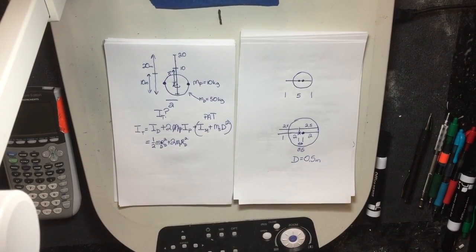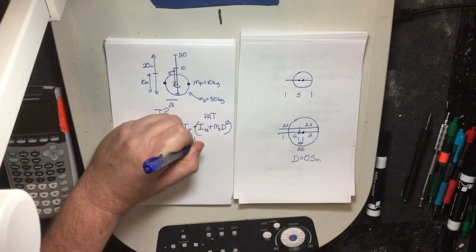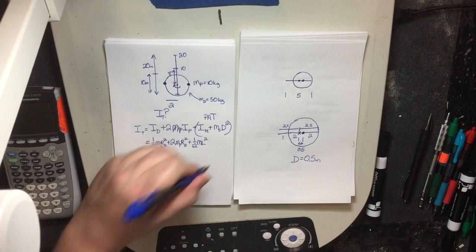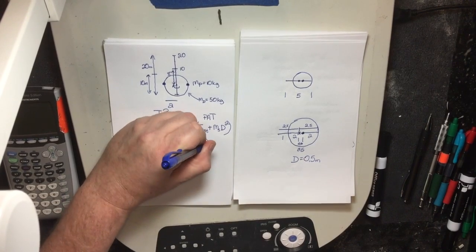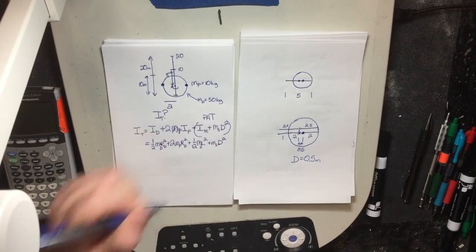That's because the point is at the edge of the disk. The moment of inertia of a stick, 1/12 m l squared, plus mass of the stick times d squared.